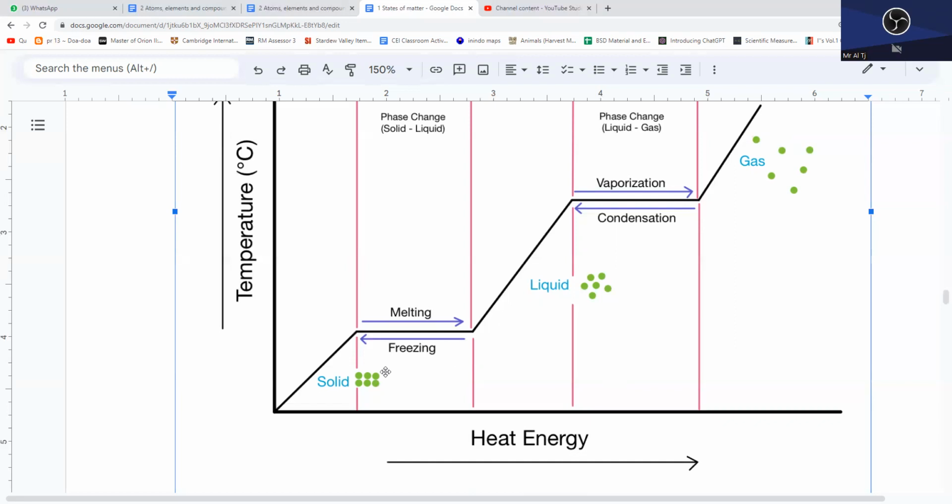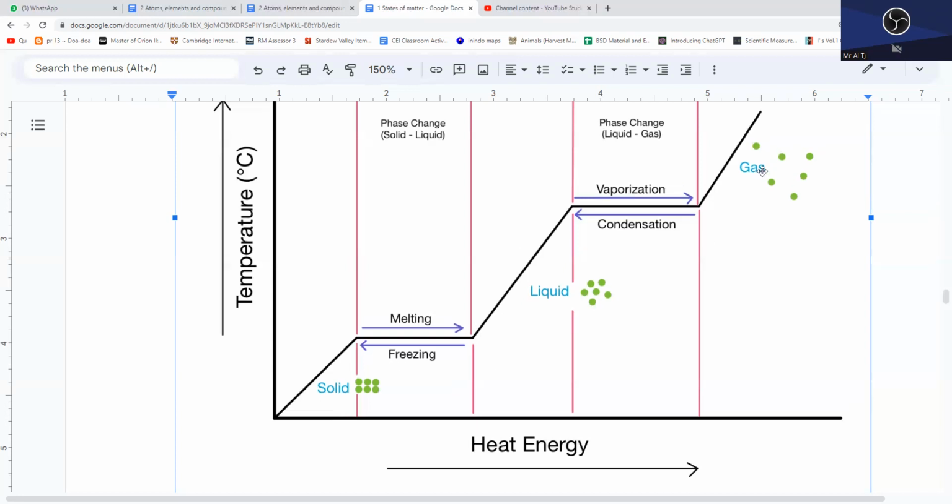But for solid and liquid, there is a maximum temperature that the particles can reach in that condition. When that condition is reached, any heat energy given is not used to make the particles faster, but to break the bonds between the particles, and they change the state of matter.